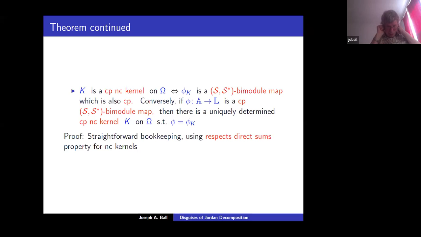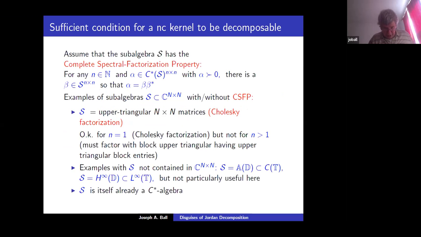Then out of this, we don't have time for details. There's a property called complete spectral factorization property. And there are examples from analysis where it holds sometimes, and it often doesn't hold. So when you have this condition, and your omega is finitely many points, then your non-commutative Hermitian kernel is decomposable.